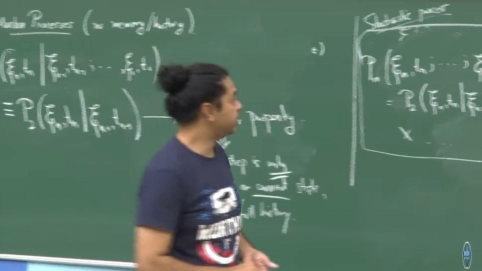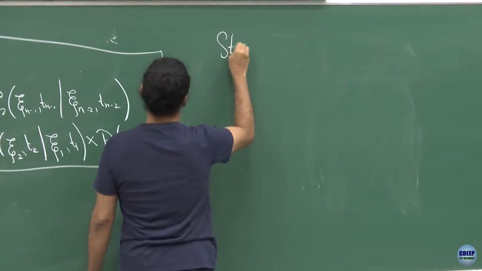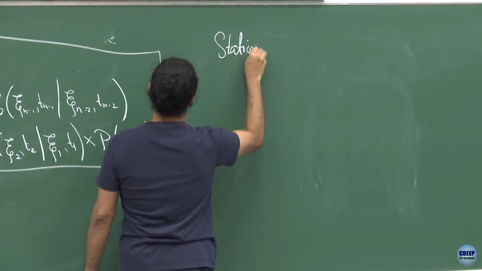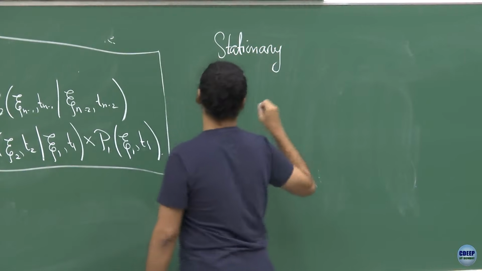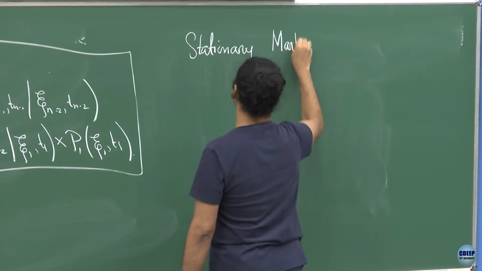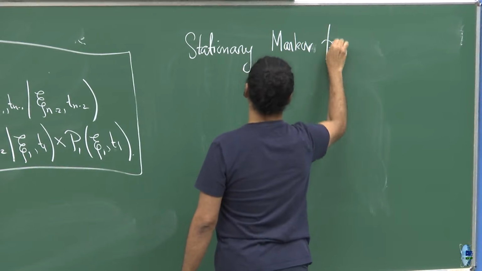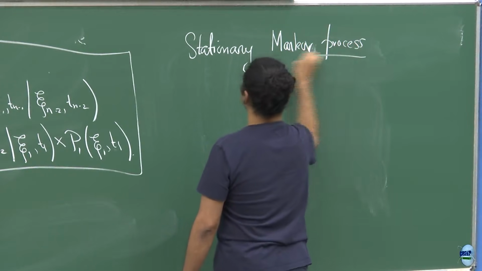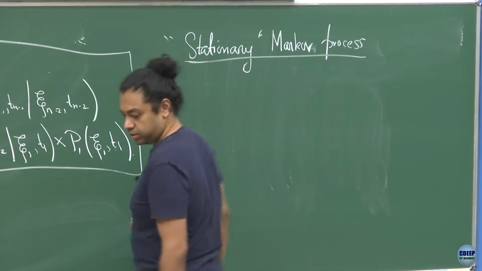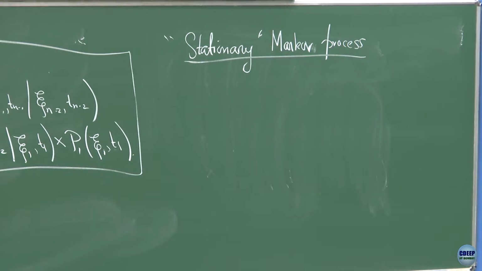So, now I consider a further simplification, which is a special Markov process, a stationary Markov process. Stationary means what?